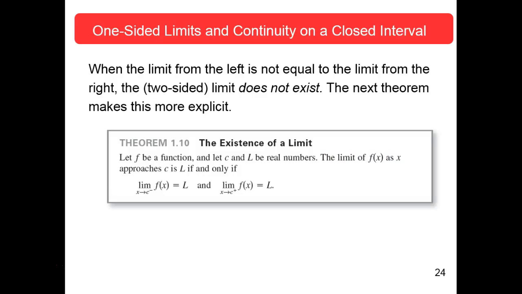Now, when the limit from the left is not equal to the limit from the right, the two-sided limit cannot exist. Cannot, just like we saw. The next theorem makes this more explicit. If f is a function and c and l are any real numbers, then the limit of f of x as x approaches c is l, is that real number l, if and only if the limit from the left is equal to the limit on the right.